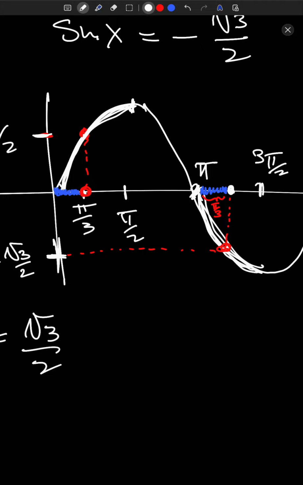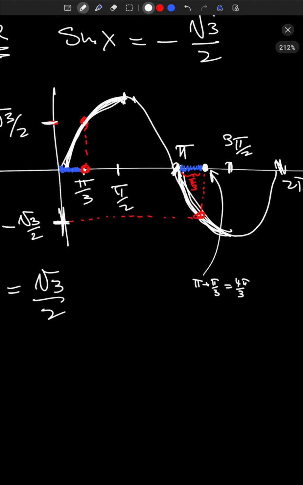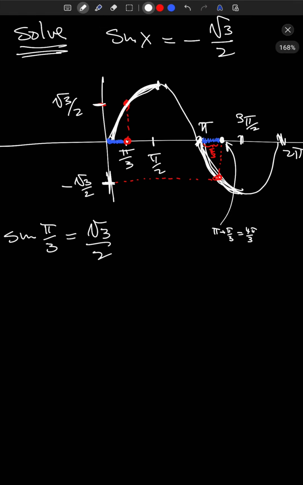What is that point? It's pi and then another pi over 3 to the right. So that point is at position pi plus pi over 3, which is 4 pi over 3. And so this reasoning tells me that sine of 4 pi over 3 is equal to minus root 3 over 2. Again, it's minus. We're on the negative hump here.